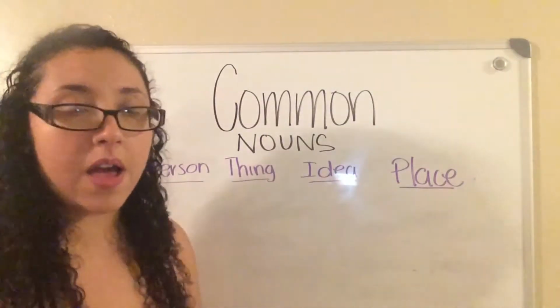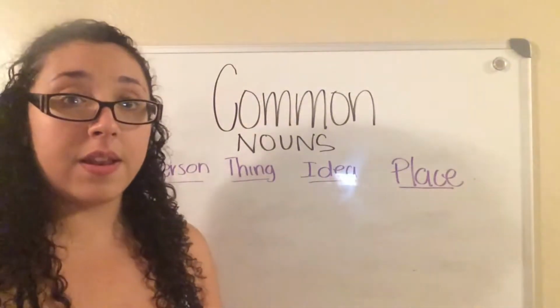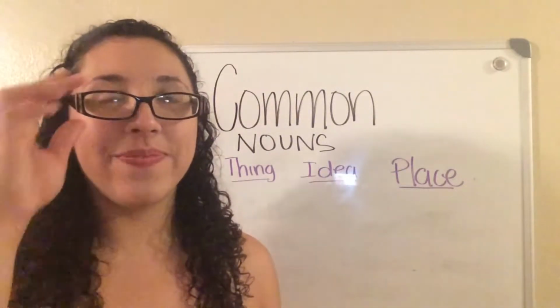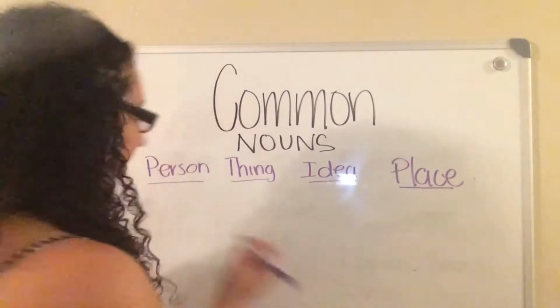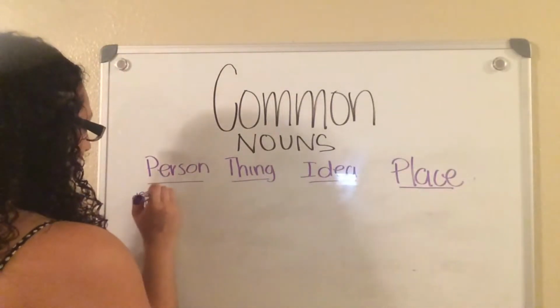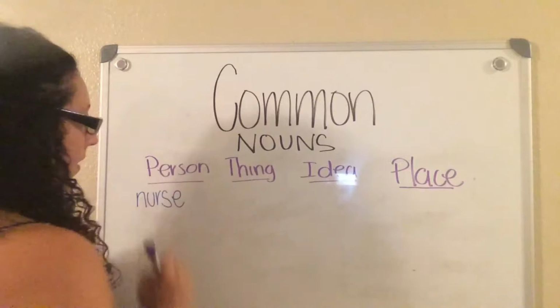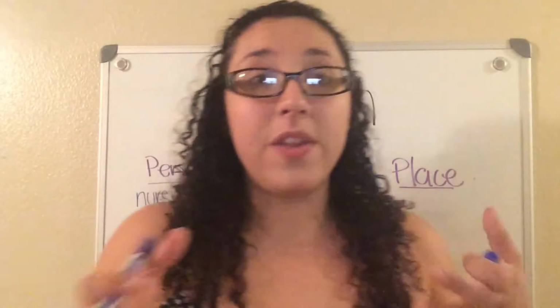So a common noun for a person would be a nurse. A nurse. We don't know her name. We don't know anything about her or him. We don't even know if it's a girl or a guy.